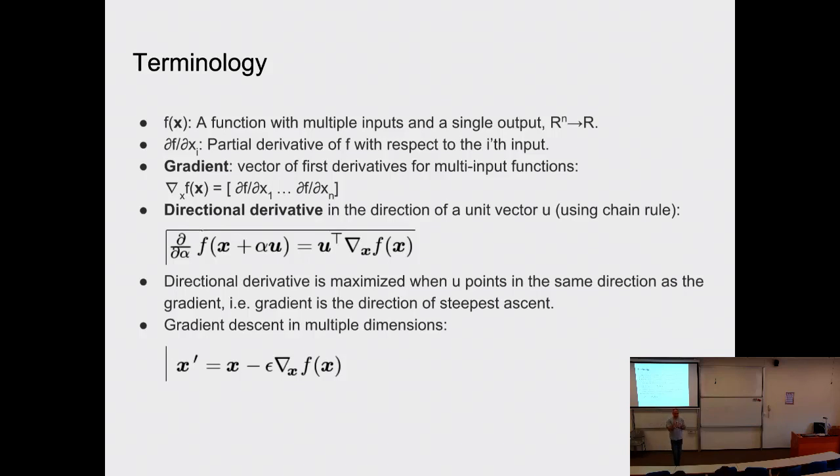If I take an alpha step in the u direction, I claim that the resulting change in f, which is the directional derivative, is going to be the dot product between u and the gradient of f. Can somebody tell me why?